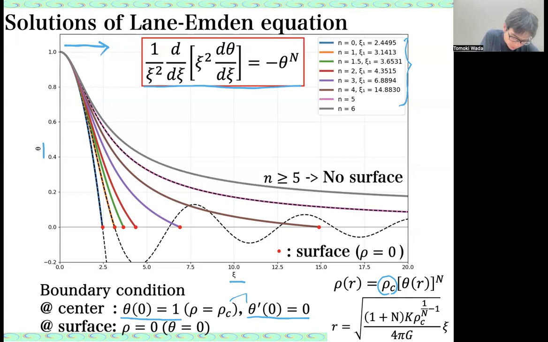When n equals 0, this blue line, we can solve from the center outward. And as radius increases, the density decreases, and at some radius, the density becomes 0. This is the surface of this star.